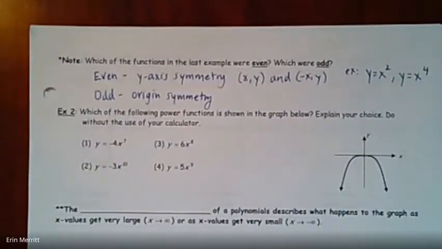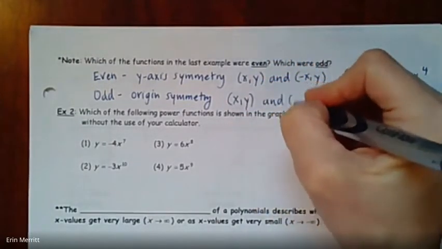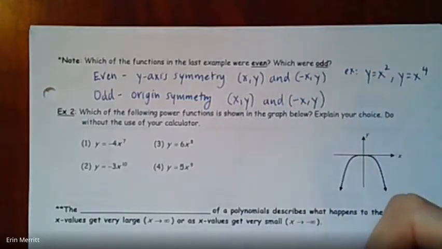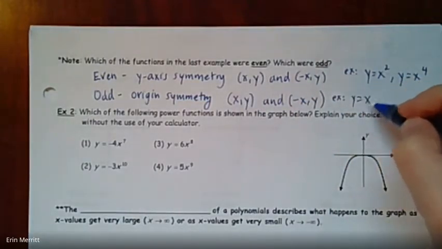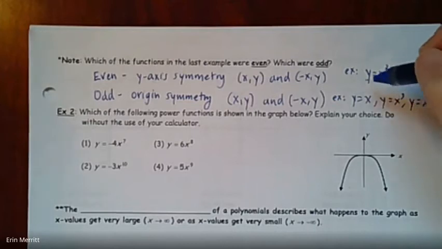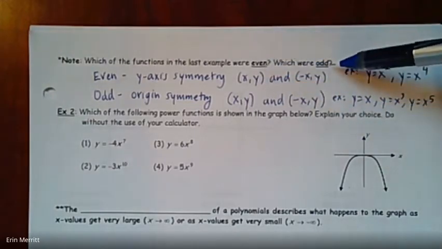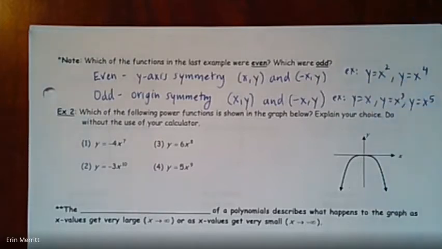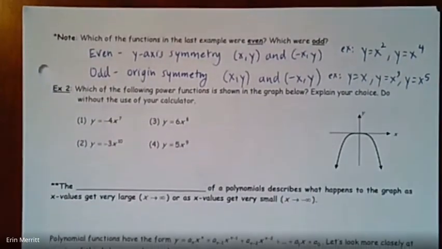So origin symmetry meant that the point (x, y) and the point (negative x, negative y) are both on the graph. And the ones that were odd were the plain old y equals x, y equals x cubed, and y equals x to the 5th. So the exponent kind of determines the possibility of if it'll end up even or if it'll end up odd, right? But that's only for when it's basic. If you add on any other stuff to these, it can kind of change things, right? But that's at least a good jumping off point to go from.